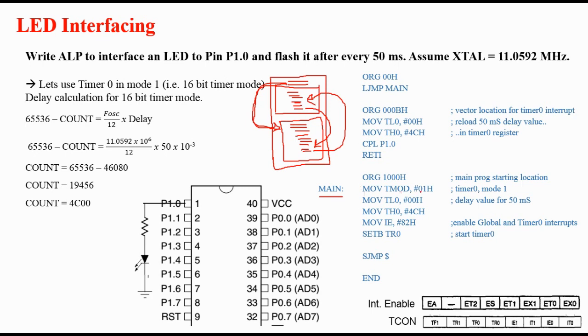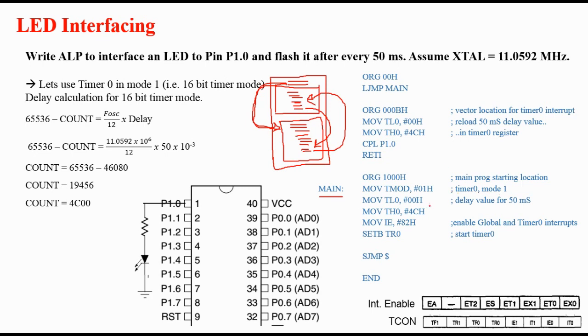Let's say MOV TMOD, #01H. So this will configure our timer counter hardware in timer 0 mode and in mode 1. Okay, timer mode means our hardware will not work as a counter, it will work as a timer. Now out of two timers we have selected timer 0, and it is working in mode 1.